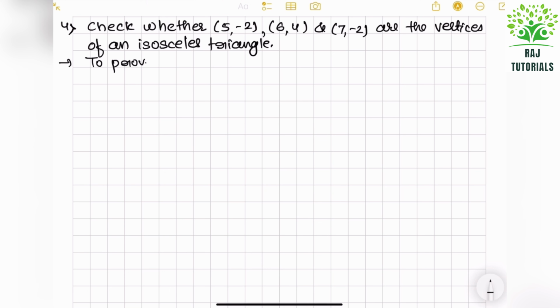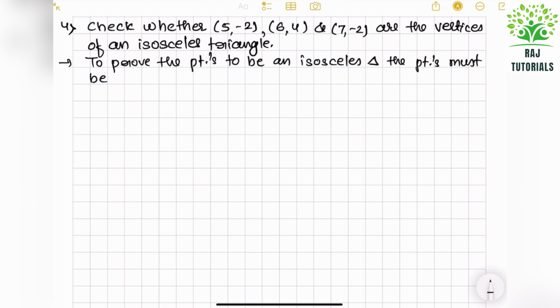So, to prove the points to be an isosceles triangle, the points must be collinear and any two sides must be equal.